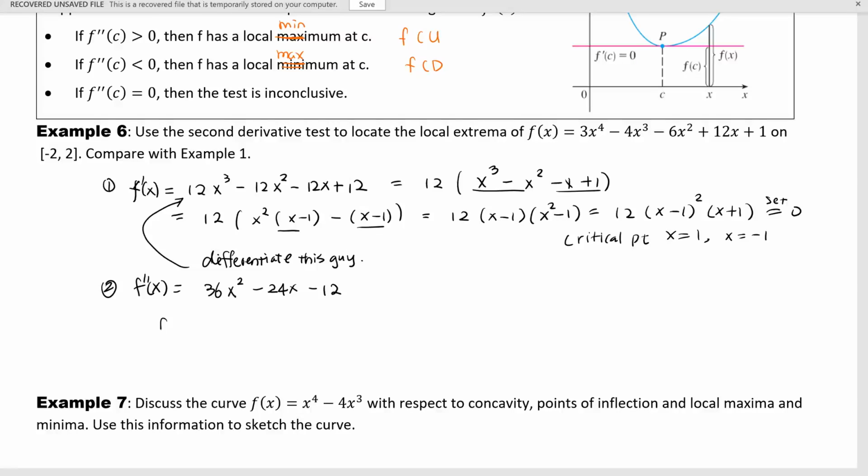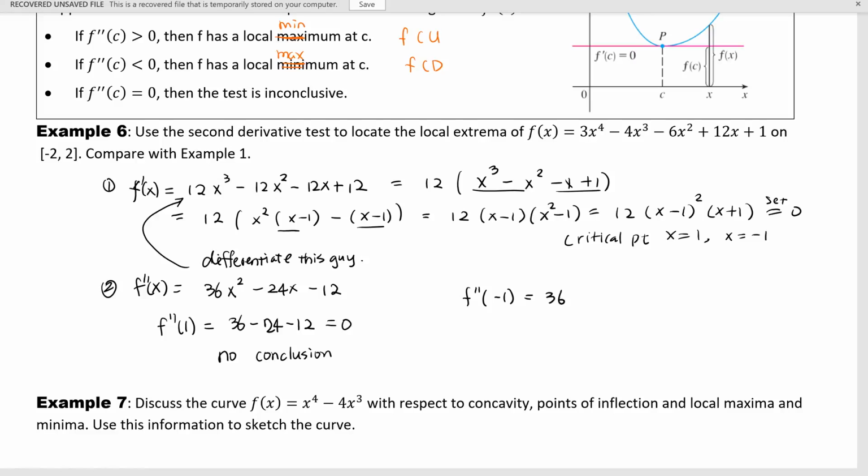Okay, let's plug in f prime prime of 1. Okay, we get 36 minus 24 minus 12. Oops, that is 0. Okay, by the second derivative test, no conclusion here. Okay, because the test is inconclusive. And how about f prime prime of minus 1?